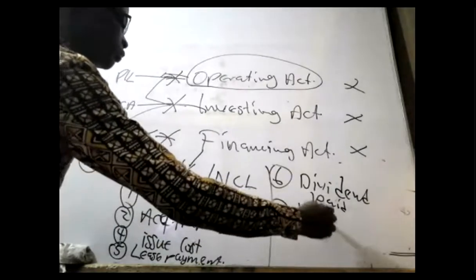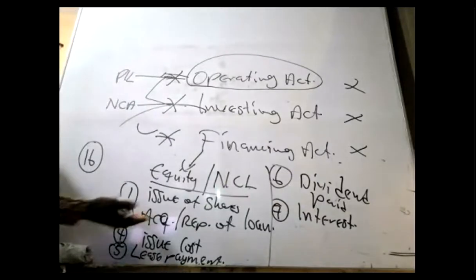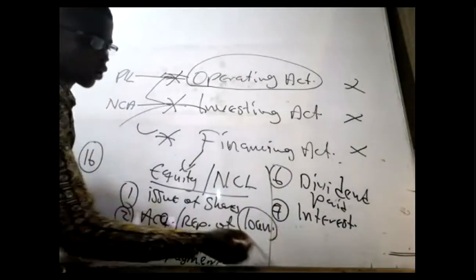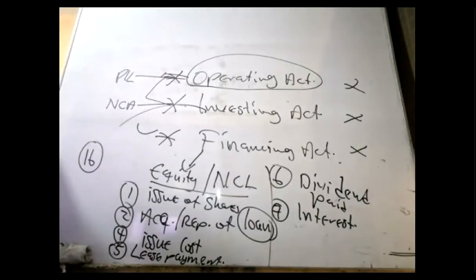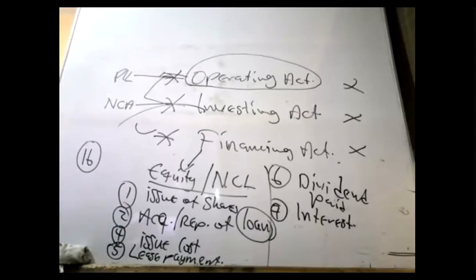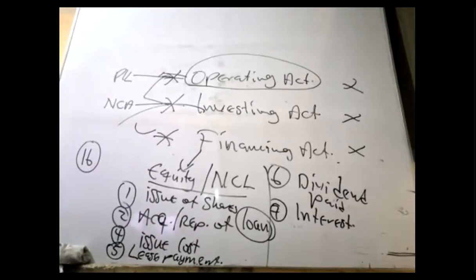Interest paid. Of course, interest on the loan that you've acquired. Now, if paying of interest is not your routine business operation, then paying interest is your finance cost. So interest paid should be another financing activity. That is all.